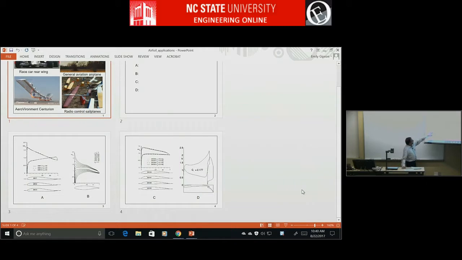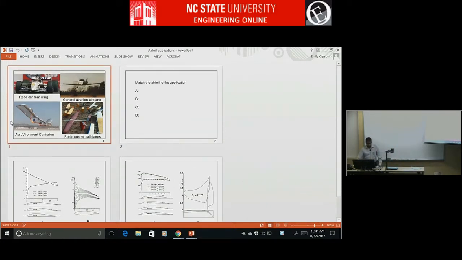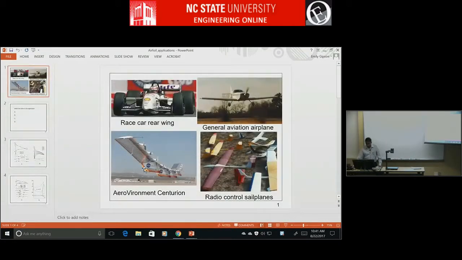But what distinguishes this, as some of you pointed out, is that this airfoil has got a reflex, and the AeroVironment Centurion is a flying wing, right? Or a tailless airplane. So because it doesn't have a tail, the airfoil has to provide trim or balance.